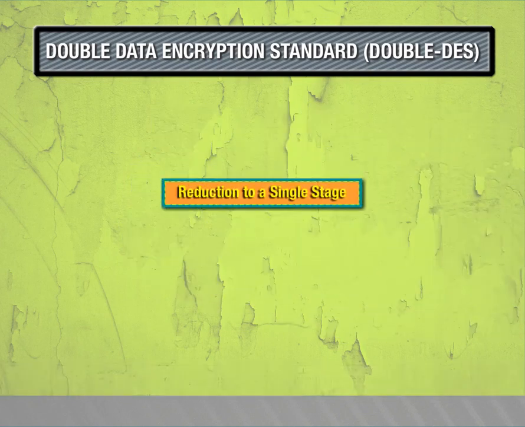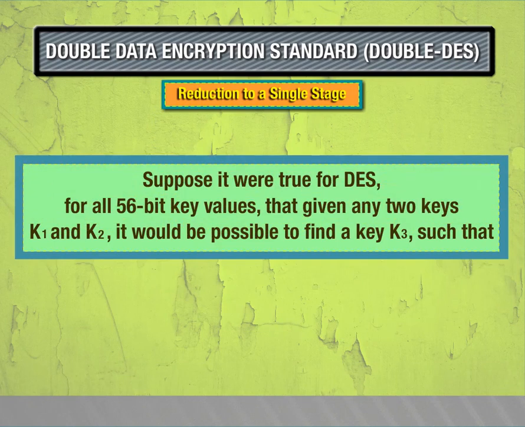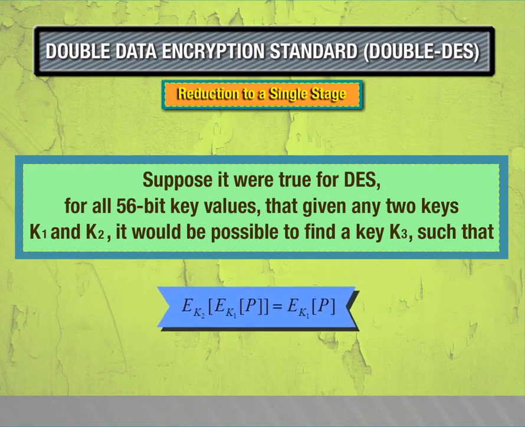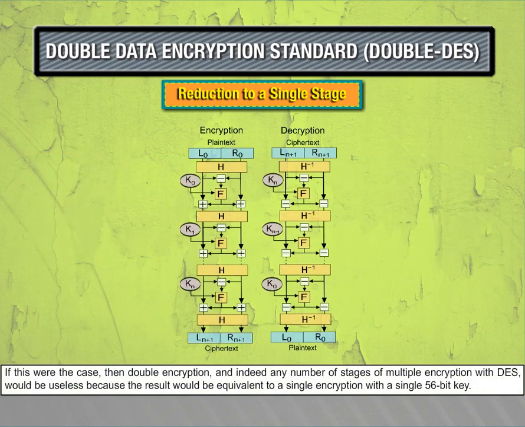Reduction to a single stage. Suppose it were true for DES, for all 56-bit key values, that given any two keys K1 and K2, it would be possible to find a key K3 such that E(K2, E(K1, P)) = E(K3, P). If this were the case, then double encryption, and indeed any number of stages of multiple encryption with DES, would be useless because the result would be equivalent to a single encryption with a single 56-bit key.